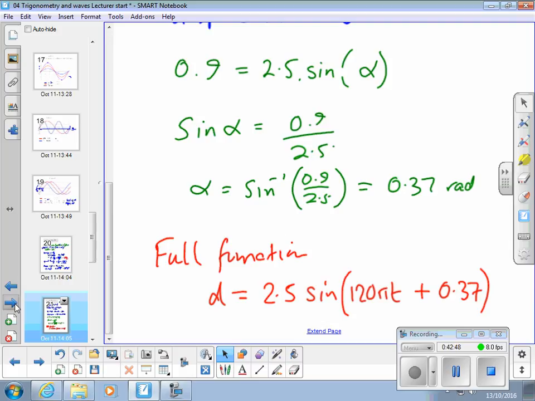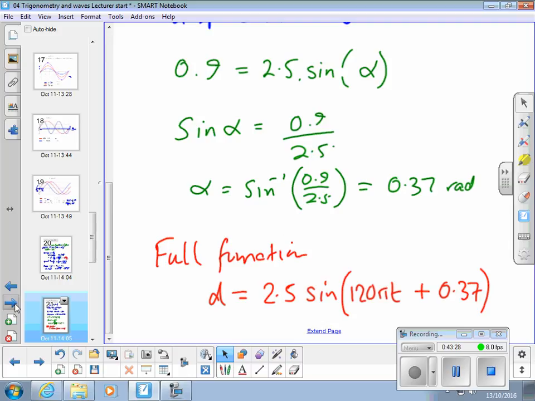Yeah, 2.5 times the sine of 0.37, because that will cancel if t is nothing, and you should get about 0.9, allowing for your rounding errors. 0.904, 90 centimetres in other words. 0.9 of a metre. Yep.